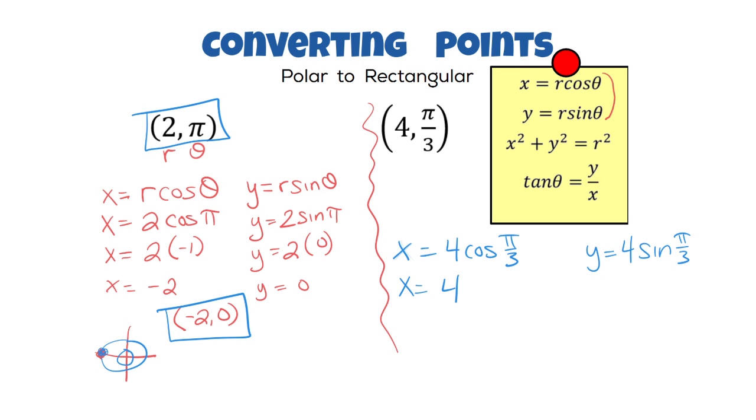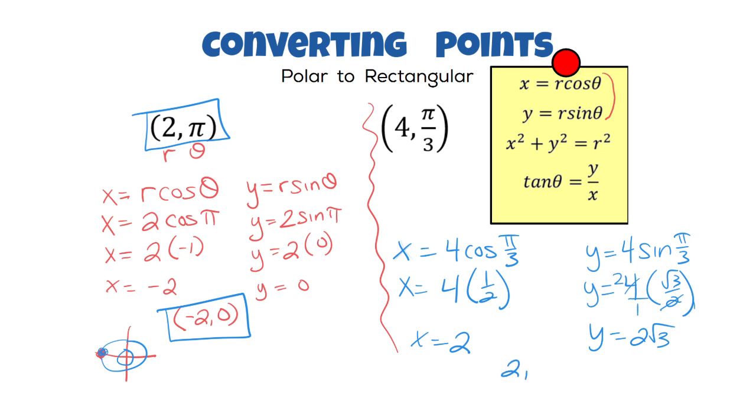The cosine of pi over 3 is 1/2, while the sine of pi over 3 is √3 over 2. So x is going to equal 2. Y is going to be, think of this as a 4 over 1. The 2 and the 4 could reduce. You'd have 2 √3. Final answer, write it as an ordered pair, 2 comma 2 √3.